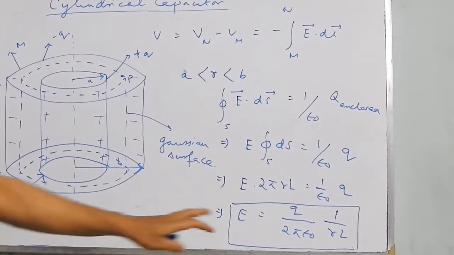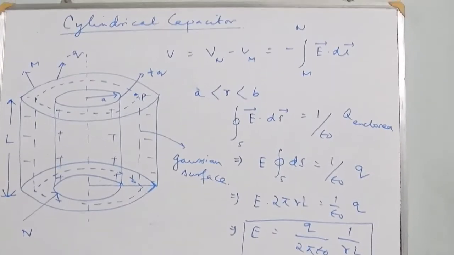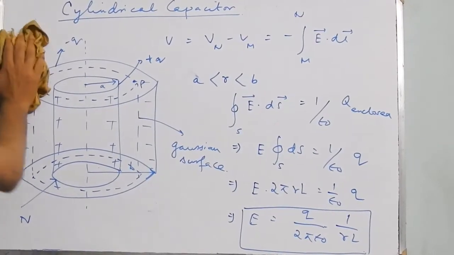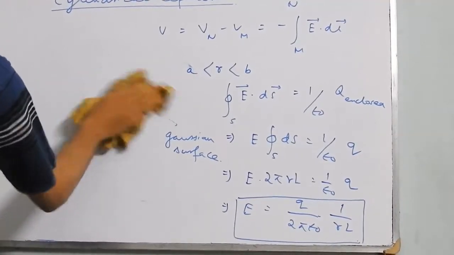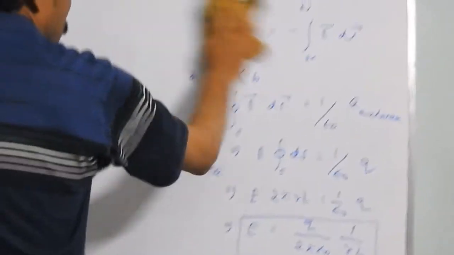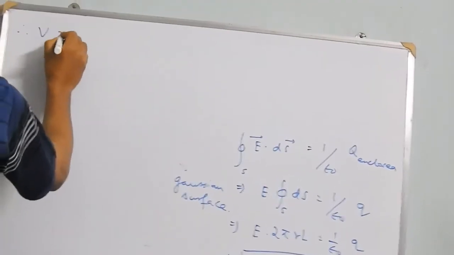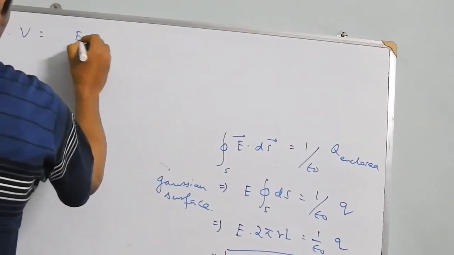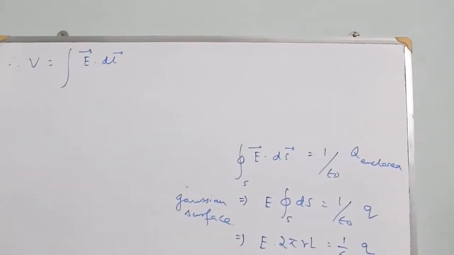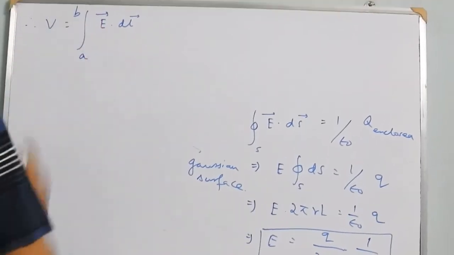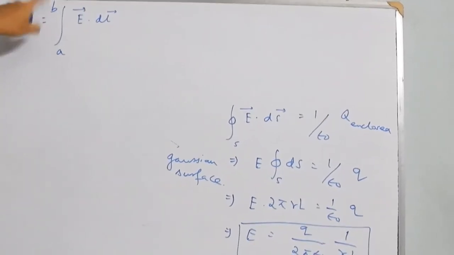So now from this we have to calculate the potential difference, and from the potential difference we will get the capacitance. So therefore V will become the integral of E vector dot dl vector with respect to limits a and b, the respective radius of the inner cylinder and the outer cylindrical shell.